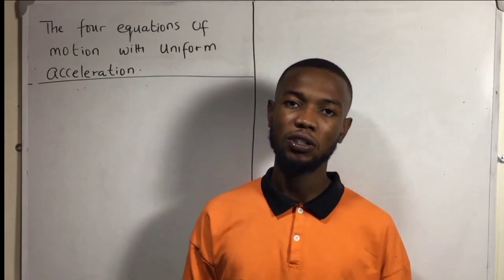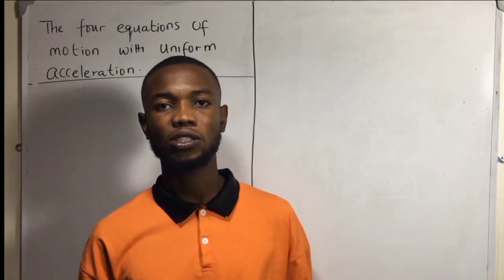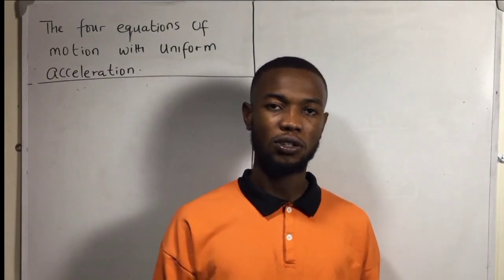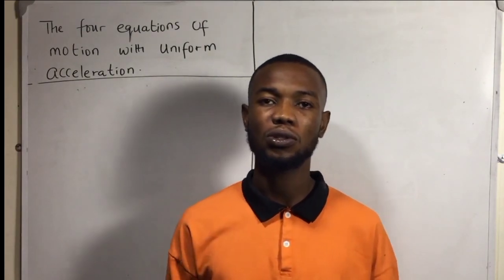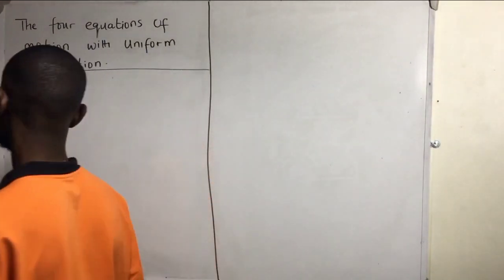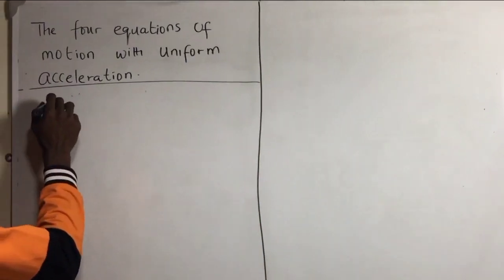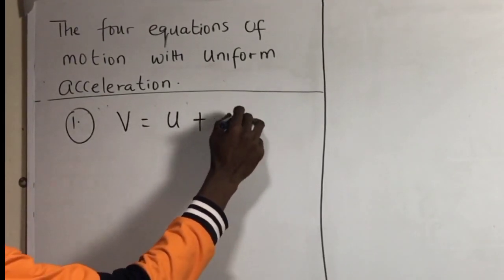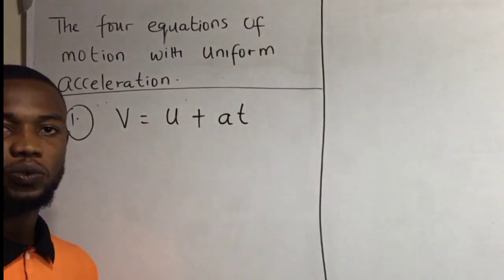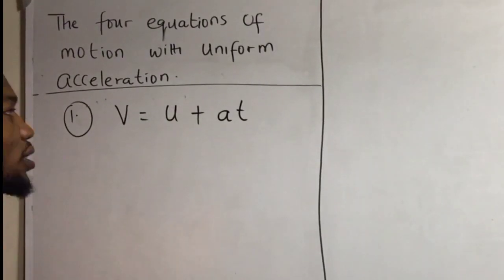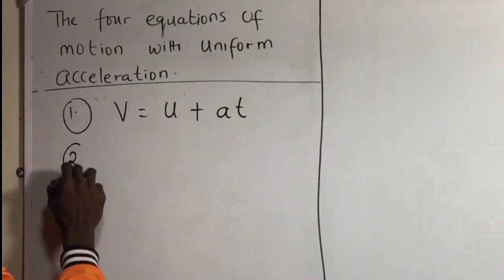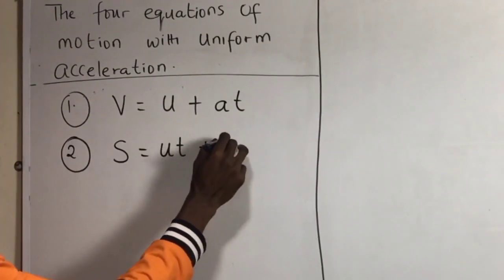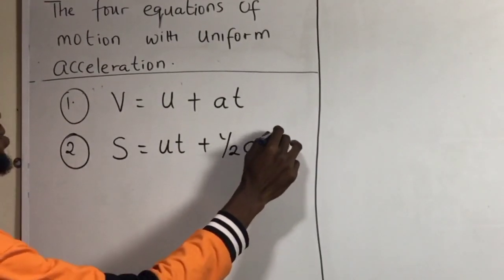Now, the four equations of motion are used to do calculations for a body accelerating in a rectilinear form. The first is v equals u plus at. This is the first equation of motion, which is used to solve rectilinear acceleration. The second one is s equals ut plus 1 over 2 at squared.